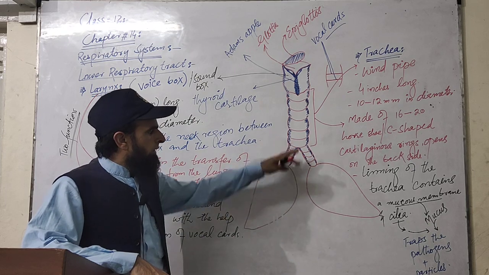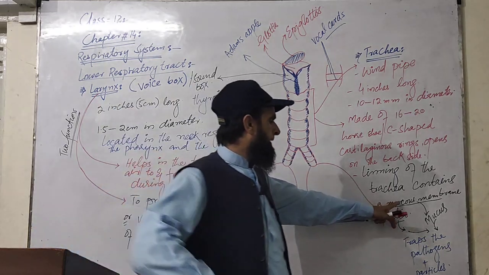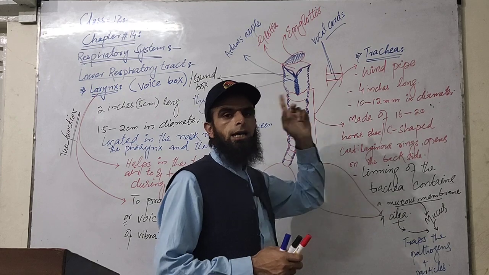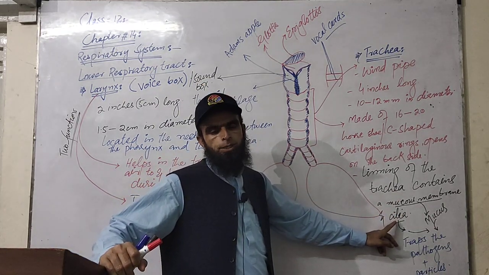How that takes place when we reach the lungs will be discussed there. So this is about the mucous membrane and cilia. The wall of the trachea is lined on the inner side by the mucous membrane, and cilia are also present over there.